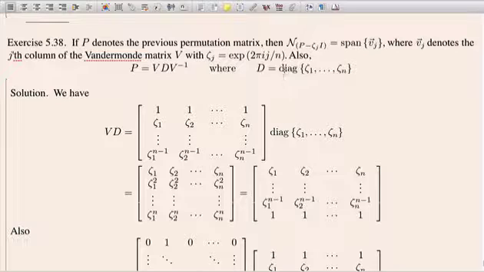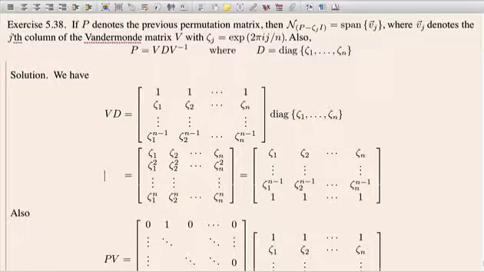And we have the diagonal matrix D. So you have to check what happens when you multiply by a diagonal matrix from the right. The first column picks up zeta 1, then in the second row you get zeta 1 squared, and in the last row we get zeta 1 to the n minus 1 times zeta 1, so that's zeta 1 to the n.